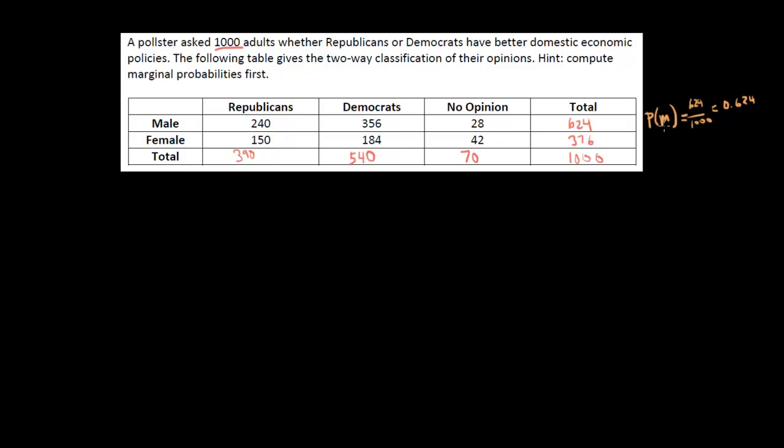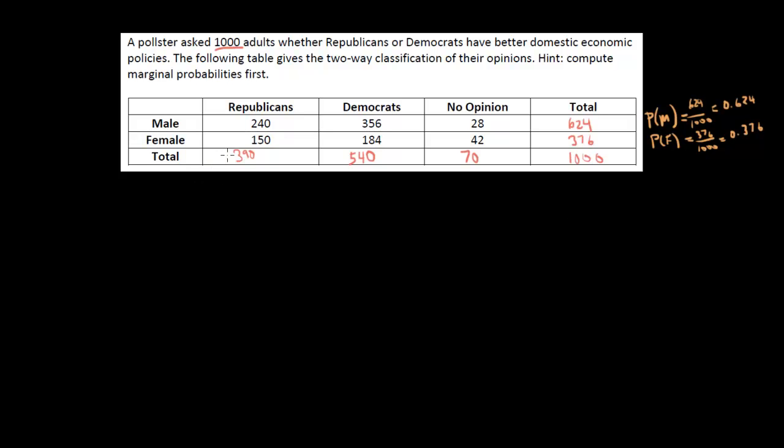Now, let's look at the probability of being female. Let's just call that F for female. There's 376 over 1,000. So that is 0.376.